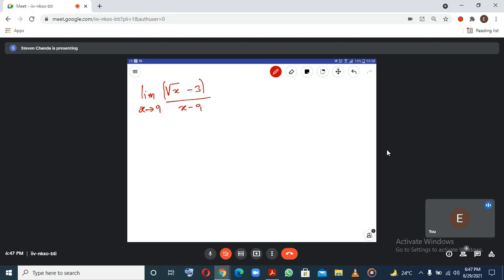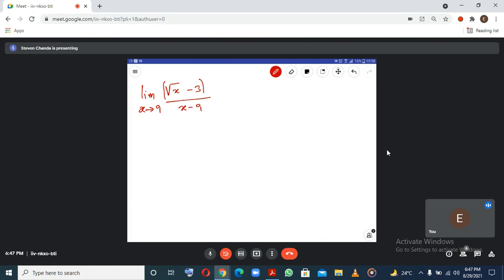So how do you go about this question? We know that we can't plug in 9 because the denominator is going to be 0, and so the function is going to be undefined.